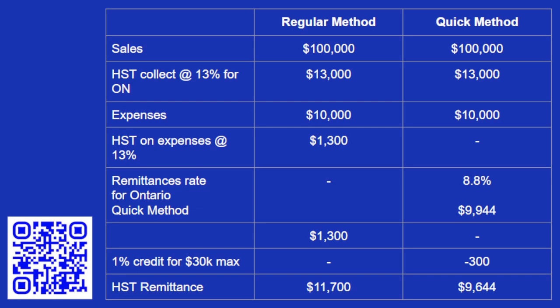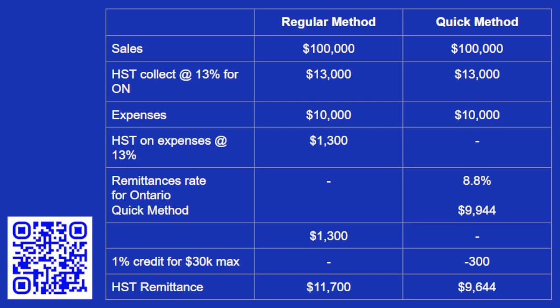Now in the quick method, it's $100,000 of sales, $13,000 of HST collected, expenses $10,000 for Ontario. You take 8.8% of the amount that you've submitted, of your sales plus the HST, so the $113,000, to come up with $9,944, and you get a 1% credit for $30,000, which is $300.